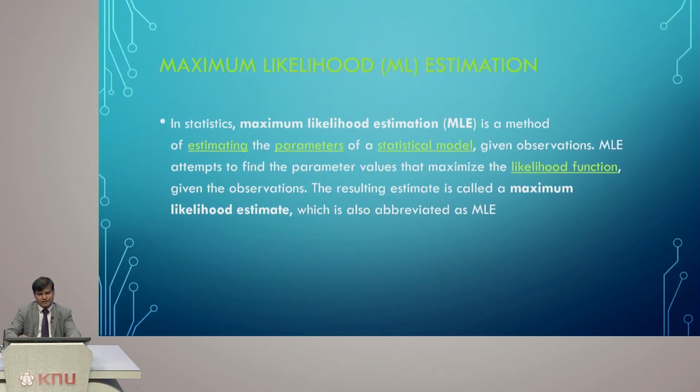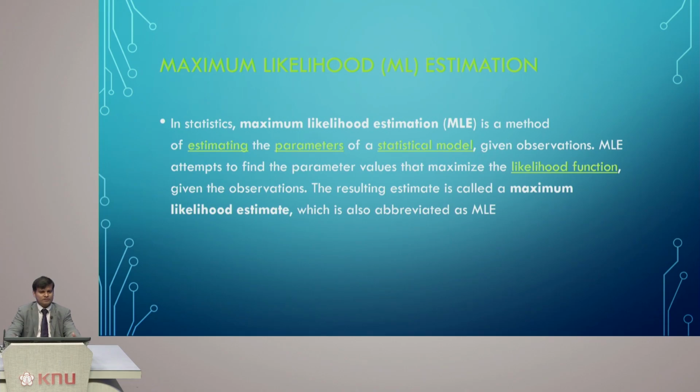So basically, as an introduction, I want to talk about maximum likelihood estimation. In statistics, maximum likelihood is a method of estimating the parameters of a statistical model given observations.